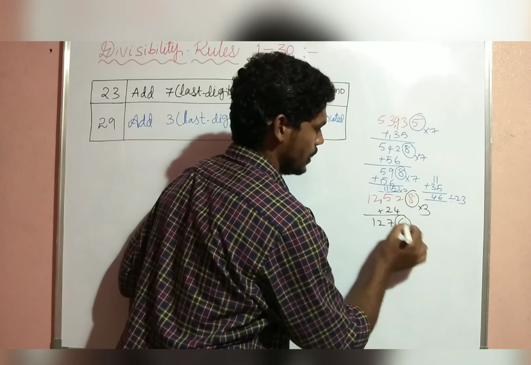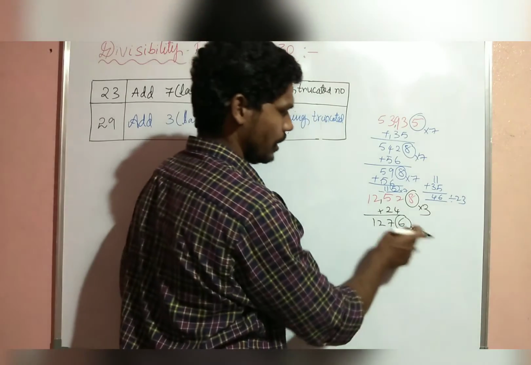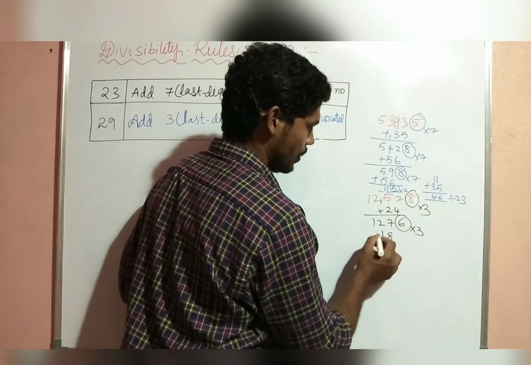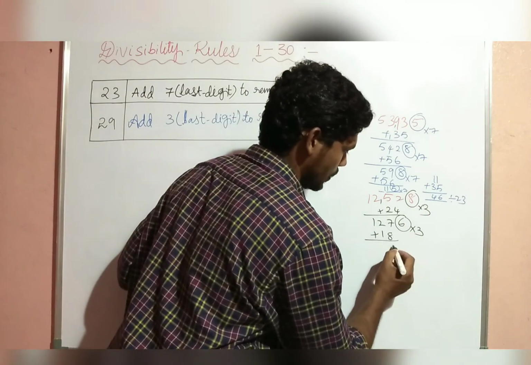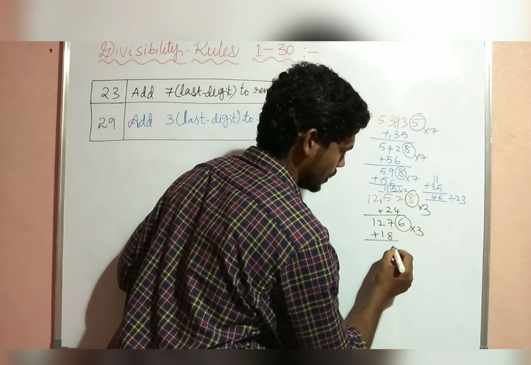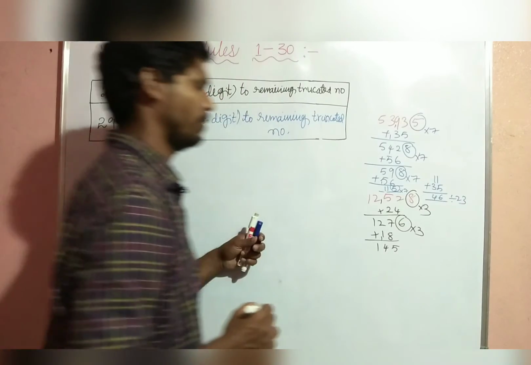Again the last digit is 6, just multiply by 3. 6 threes are 18, added to the remaining truncated number. You will get 7 plus 8 is 15, here 1, it is 4, so 145.